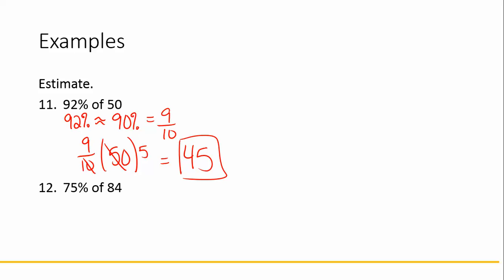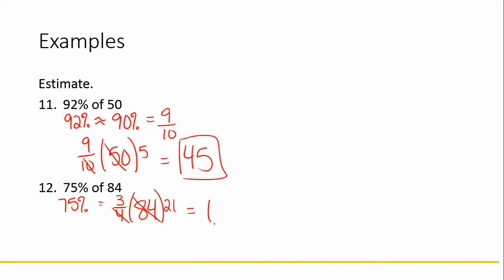And finally on number 12, we have 75% of 84. So remember that 75% is the same as 3/4. And if we do 3/4 of 84, we do some cross canceling here. We know that 4 goes into 84, hopefully 21 times, you're thinking. 4 goes into 8 twice, 4 goes into 4 once.